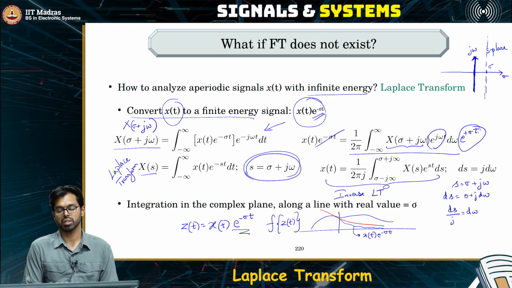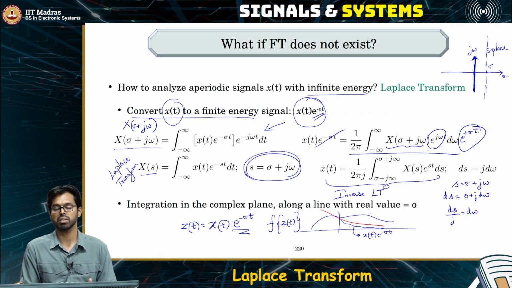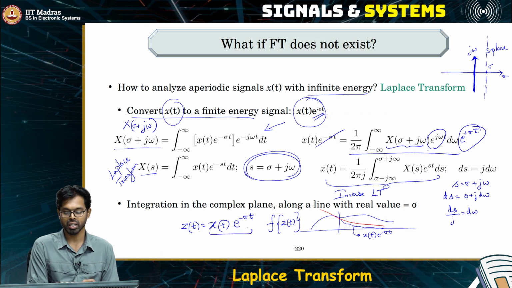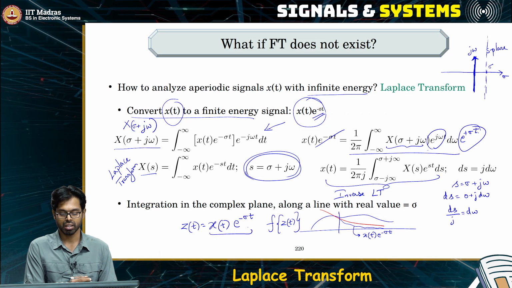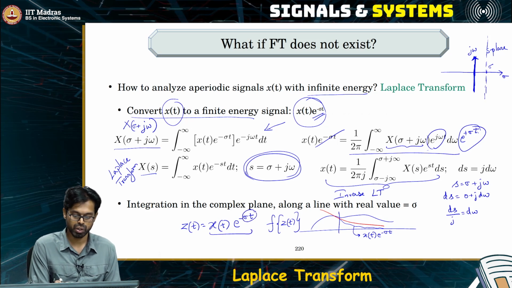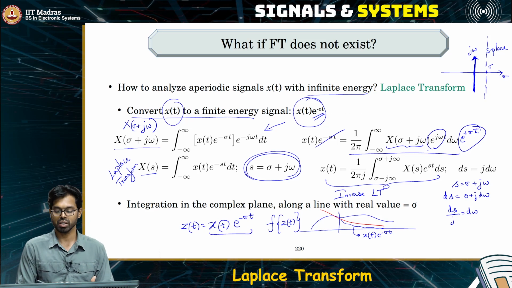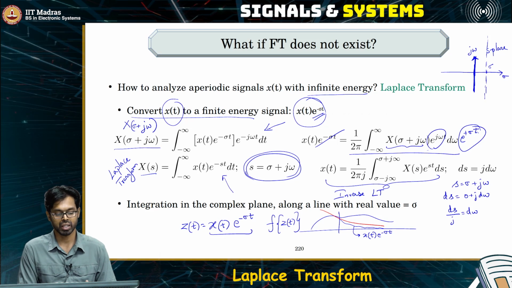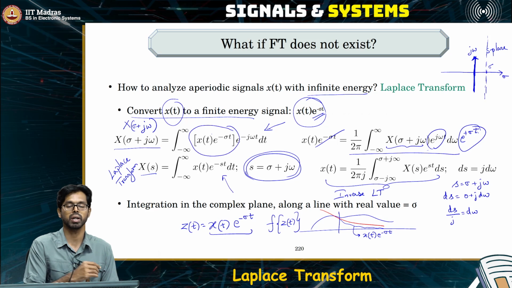Now there is another question: what should be the value of sigma? We said that x of t does not have a Fourier transform, so we construct z of t by multiplying x of t with an exponential which decays. But what should be the exponent of this exponential? For what values will this Laplace transform exist? When we say the Laplace transform exists, it means the Fourier transform of x of t e power minus sigma t exists.